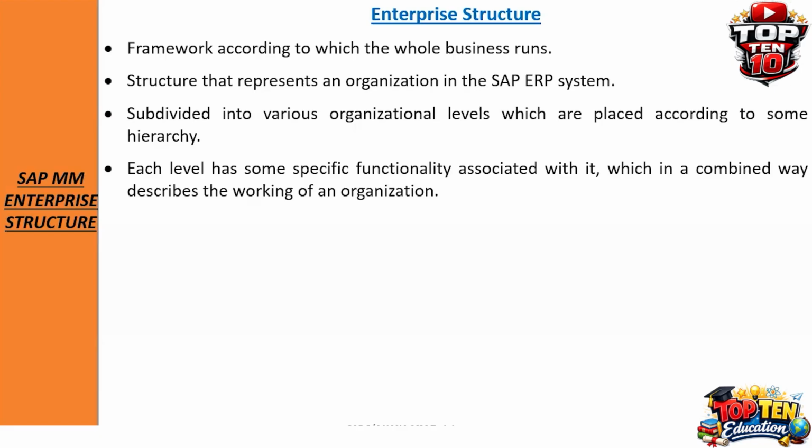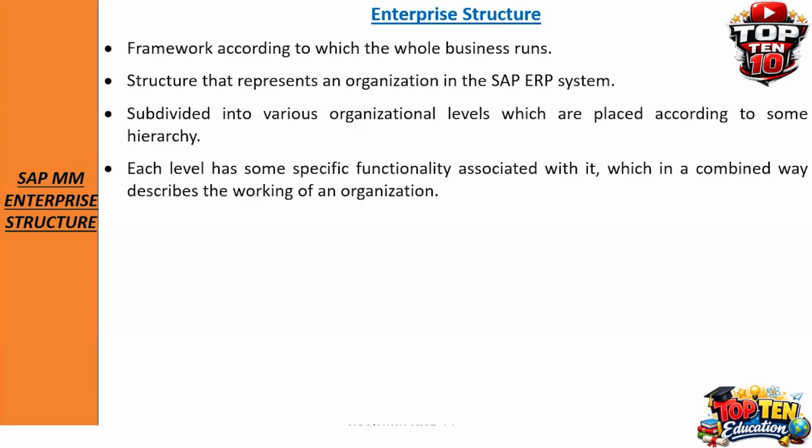We can take one example. There is one kind of company, a pharmaceutical company. There are many sub-organizational units such as the production unit, the sales and marketing unit. Third is the procurement unit, quality and procurement unit. Like this, there are many other sub-organizational departments such as the HR department, service department, CRM department.